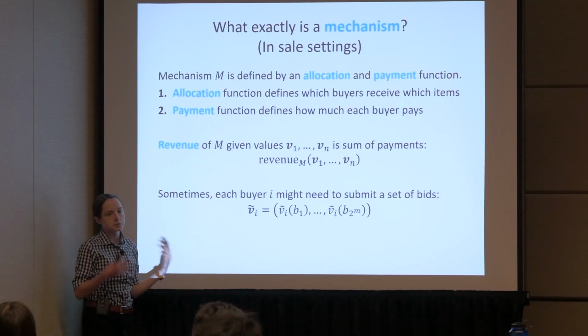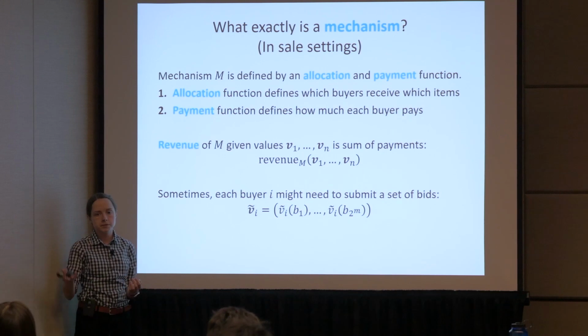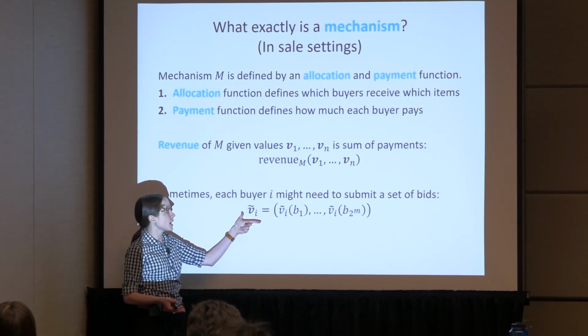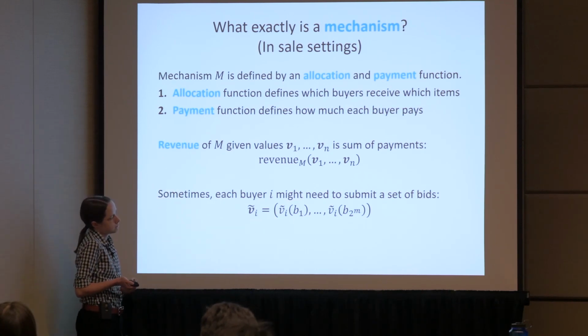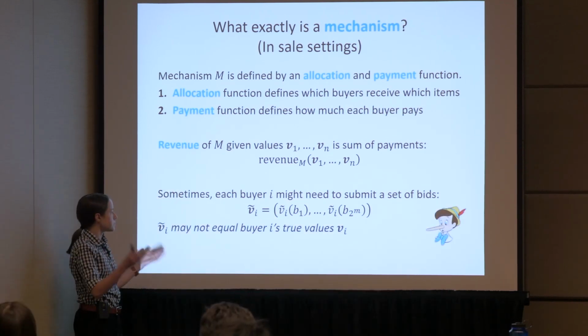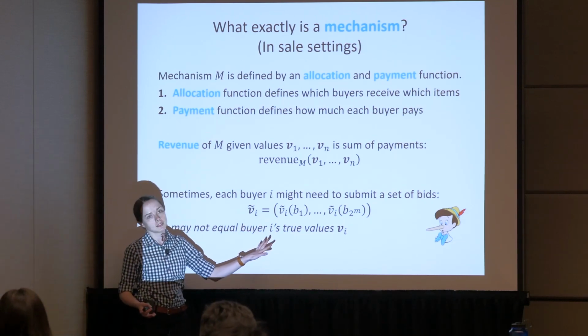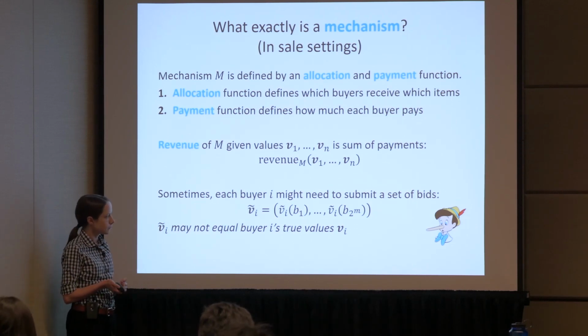Sometimes, as we saw, for example, in the first and the second price auction, the buyer might submit a set of bids. We'll denote this set of bids as vi tilde, which is also a vector of length 2 to the M. Importantly, this vi tilde, this set of bids, might not always equal the buyer's true values.